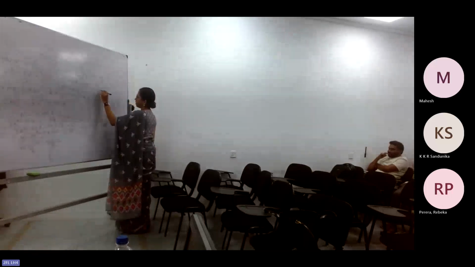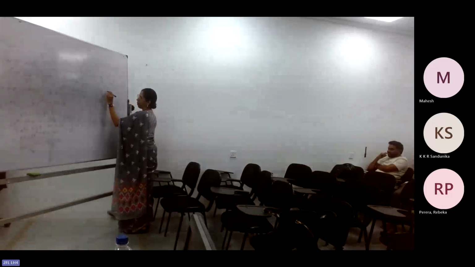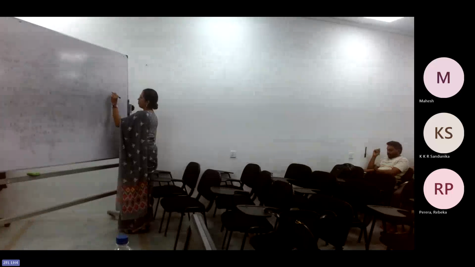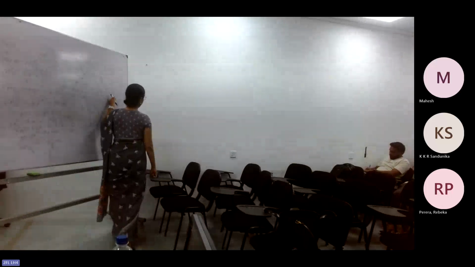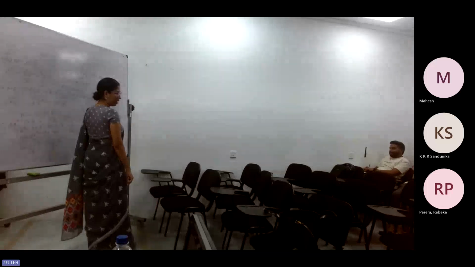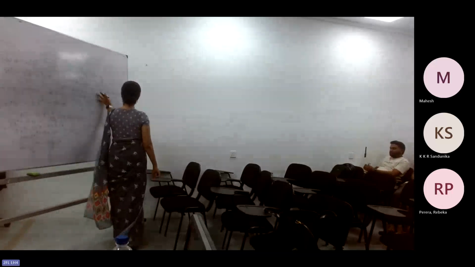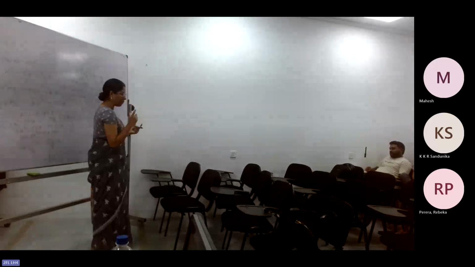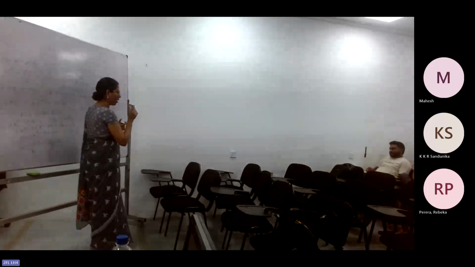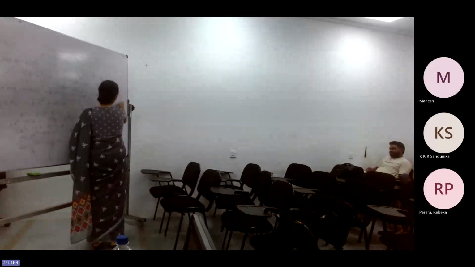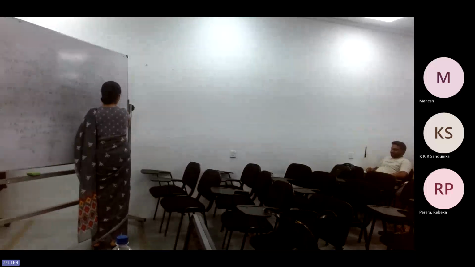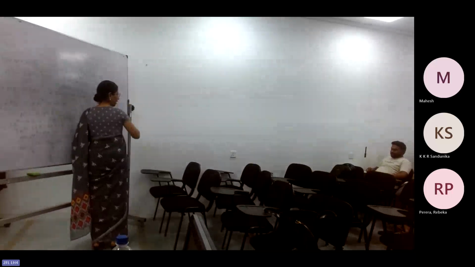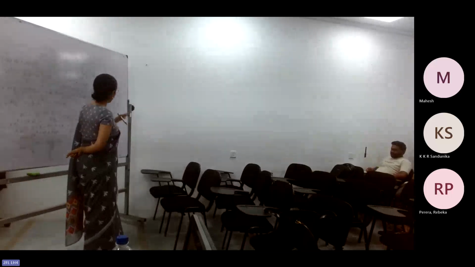Then we rewrite this as 3x squared minus 60x plus 5x minus 100. Then we simplify. But when we are simplifying, we have to make sure that if we take the common factors out, within the brackets we get the same thing for both of the expressions. Understood?